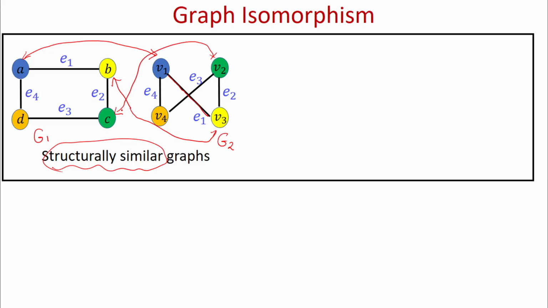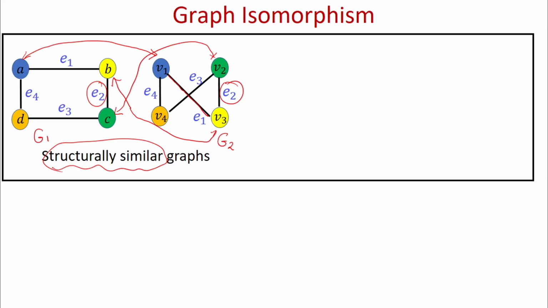And you can see that if that is the case, then the edge E2 in the graph G1 corresponds to the edge E2 of this graph G2, and so on. So in that sense, they are structurally the same graphs, but drawn in a different fashion.